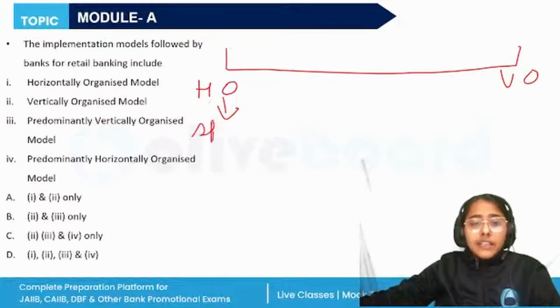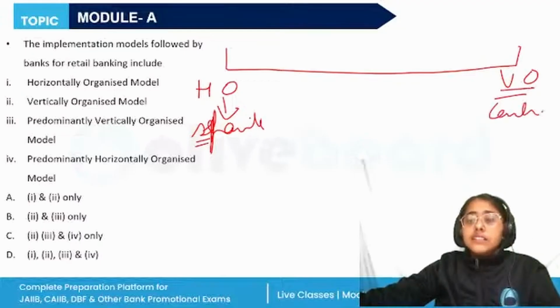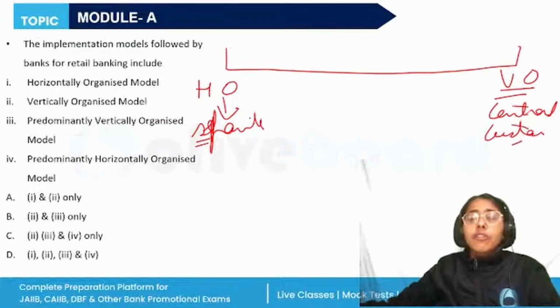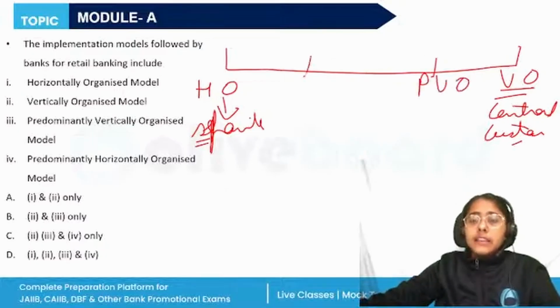A separate model is used for each of the products. Vertical, however, means where there is a centralized customer database, and the customer information is shared among the different products. Then between the two extremes we have the predominantly vertically organized and the predominantly horizontally organized.